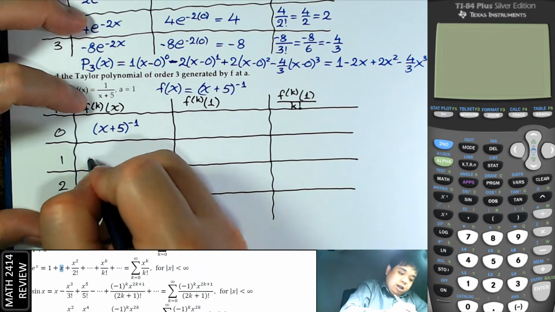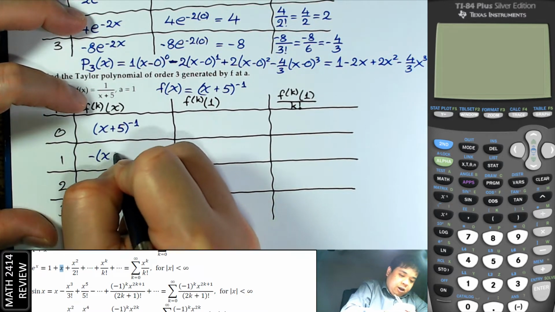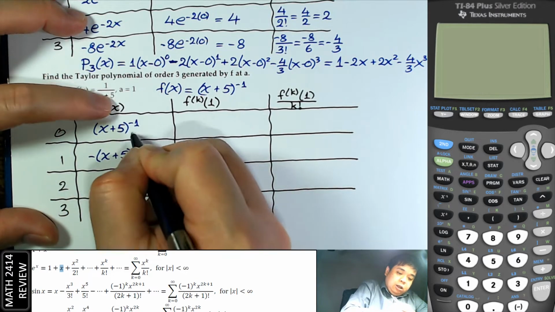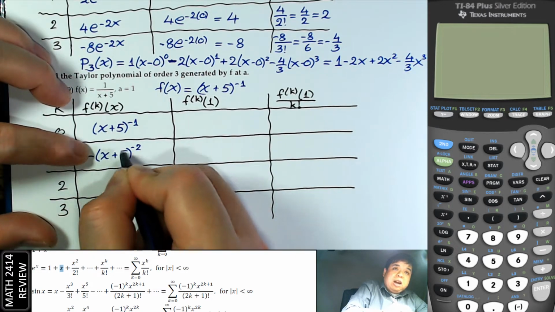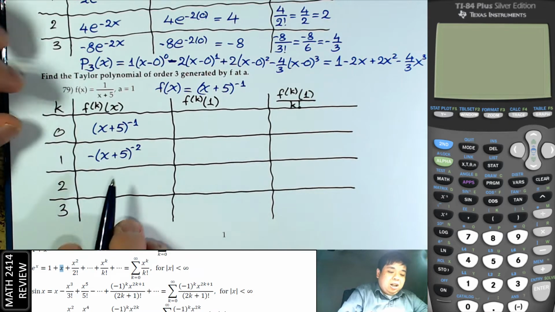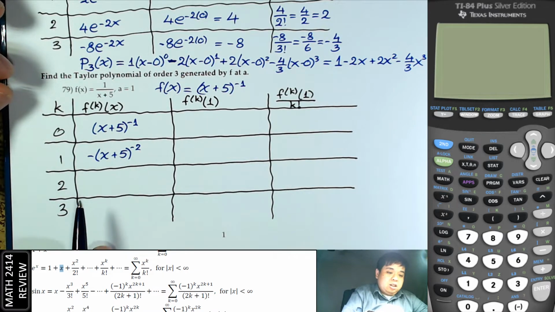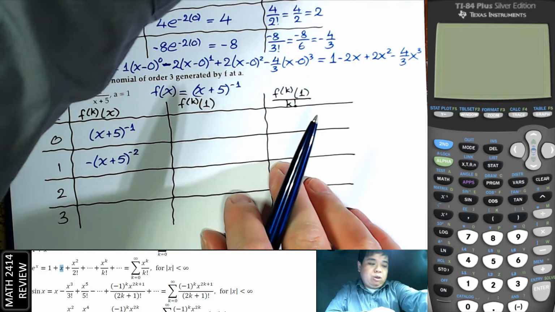Derivative of this is negative x plus 5 to negative 2. And then we also have derivative of inside the parentheses. Derivative of x plus 5 is just 1. So that's why we don't have to do much.